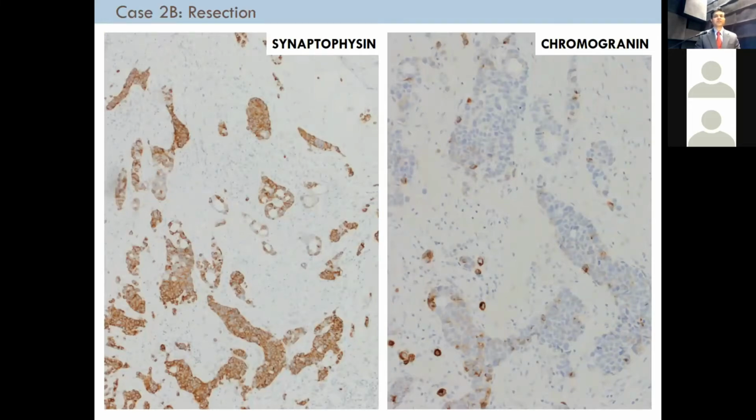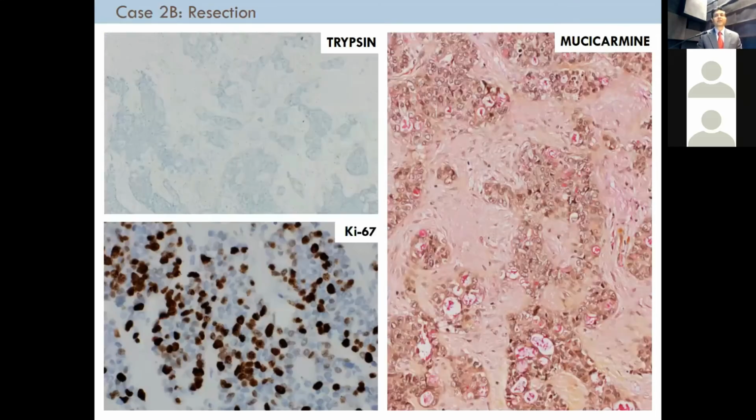So the staining was consistent with what was seen on cytology. Mostly the cells were positive for synaptophysin. Chromogranin was focally positive. We also did trypsin, which, in contrast to the previous case, was negative.